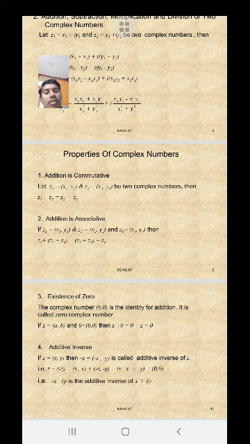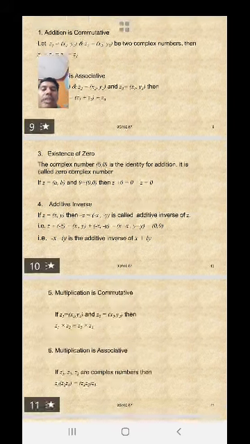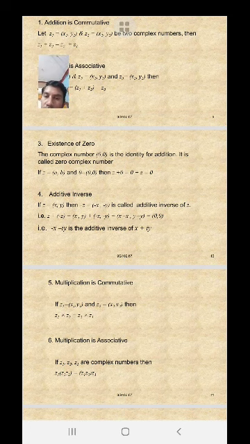Here 0 is printed wrongly, so correct it as z. Additive inverse: z plus (minus z) equals minus z plus z equals 0, then minus z is the additive inverse of z.